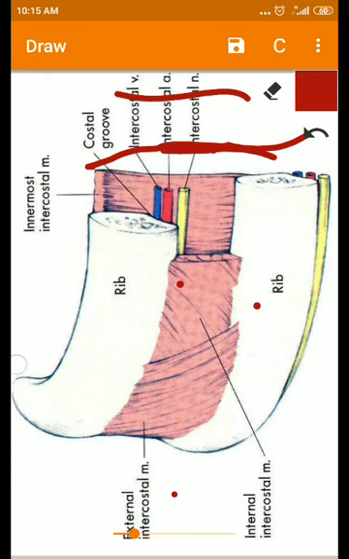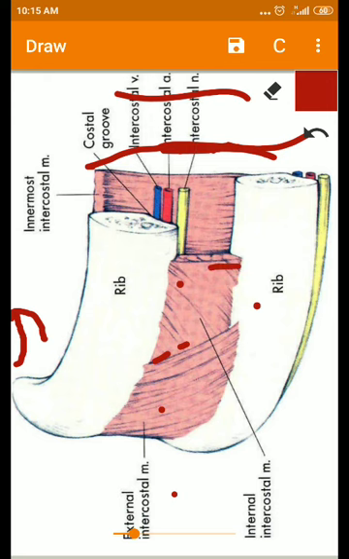This posterior intercostal membrane extends to the costotransverse ligament, and again it runs anteriorly as a thin fascia between the external intercostal muscle and internal intercostal muscle, wherever these two muscles are present.